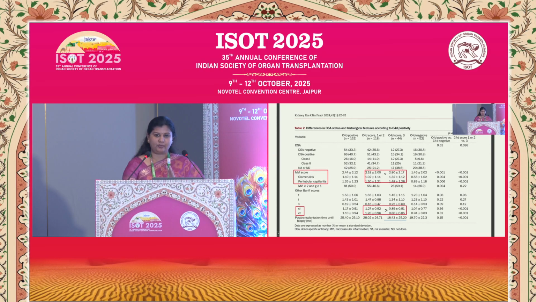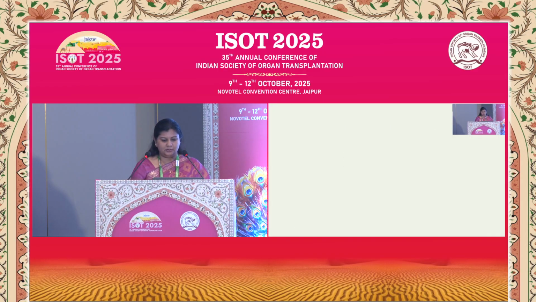In contrast, however, these patients with higher C4D scores showed a lesser degree of chronicity, as can be seen here by lower CI and CT scores. The reason probably could be that these cases had a shorter post-transplant time till biopsy, so the scarring was also less. But MVI was more.